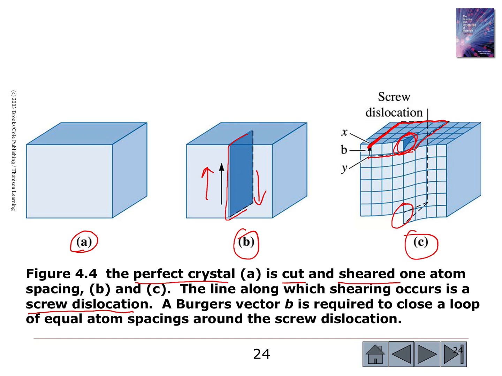In order to close this loop from here to here, we need what we call a Burgers vector. So a Burgers vector is required to close this loop.